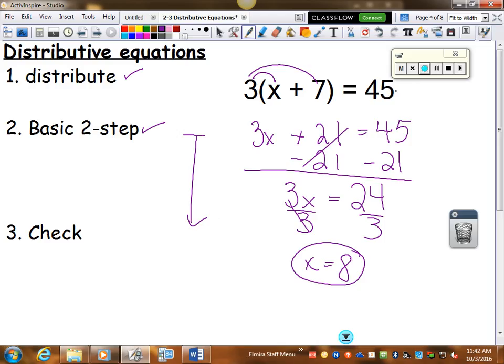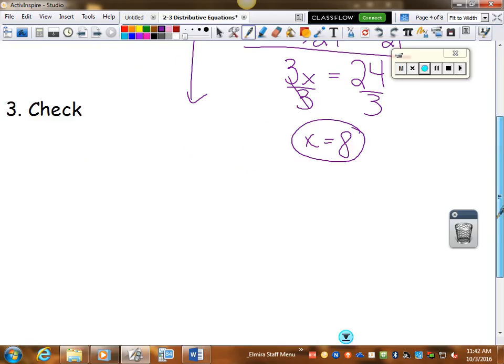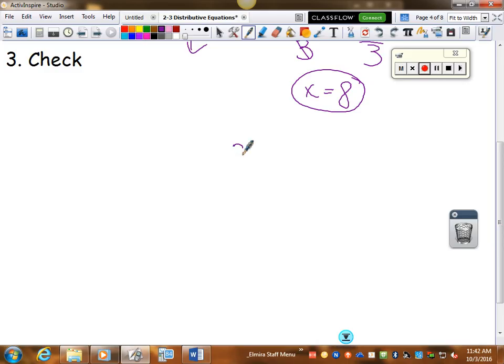Okay, now checking any equation. You start off with the original, 3x plus 7 equals 45. The way you check something is you take out the x and sub in what I just found, x was 8.